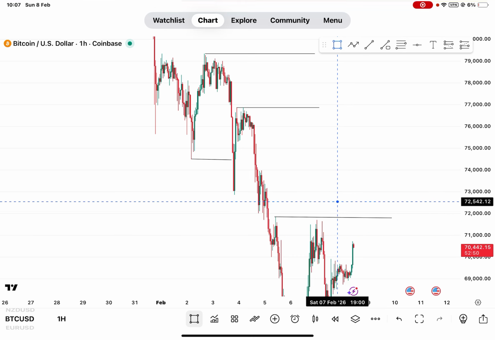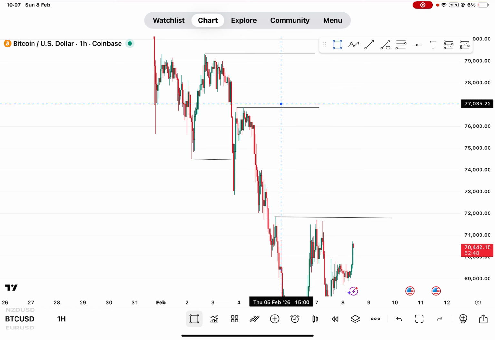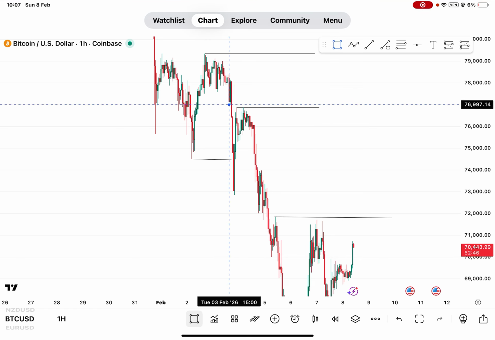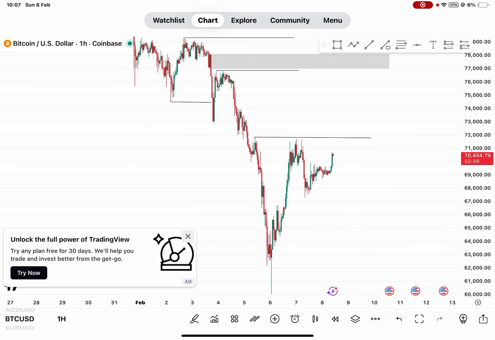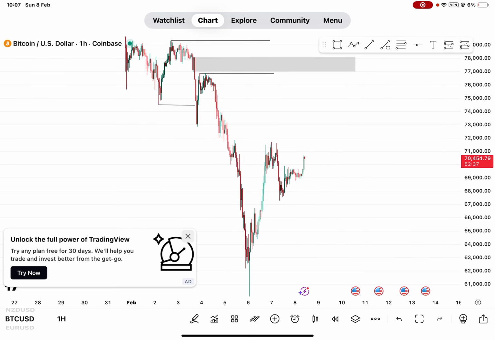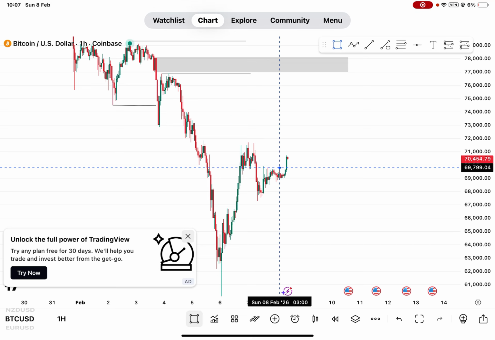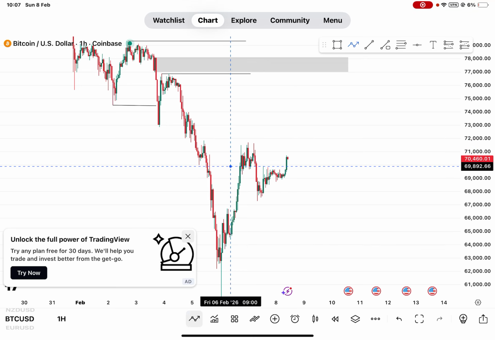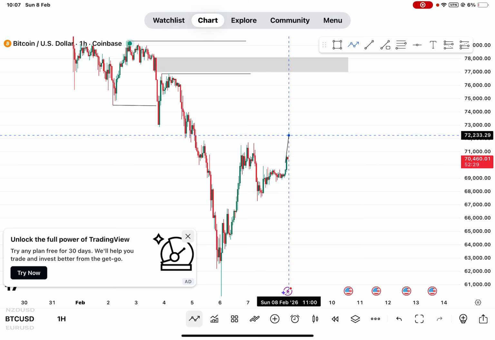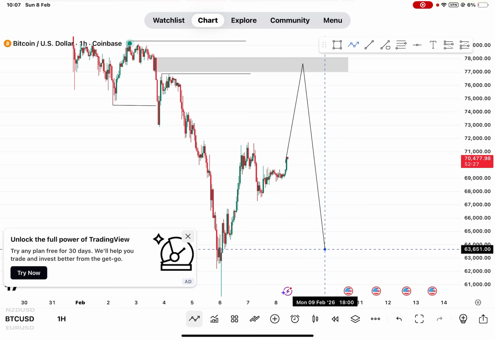So I don't know if BTC will keep coming till it gets to this particular order block right here, supply zone. You can see this order block, and the block also has an imbalance. So BTC might be coming right into this zone. I am not saying it will, but there is a high tendency that BTC will be pushing upside to this zone before dropping again.